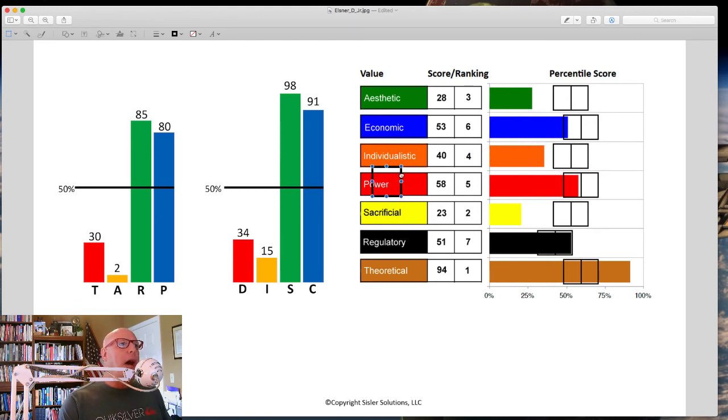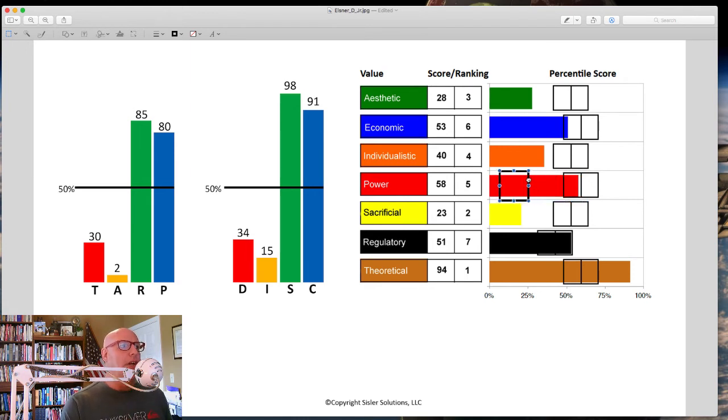Okay. Power. You're up on power. When I say up on power, I'm not saying you're up on power in comparison to the country, which is these boxes here. You're up on power in comparison to yourself.